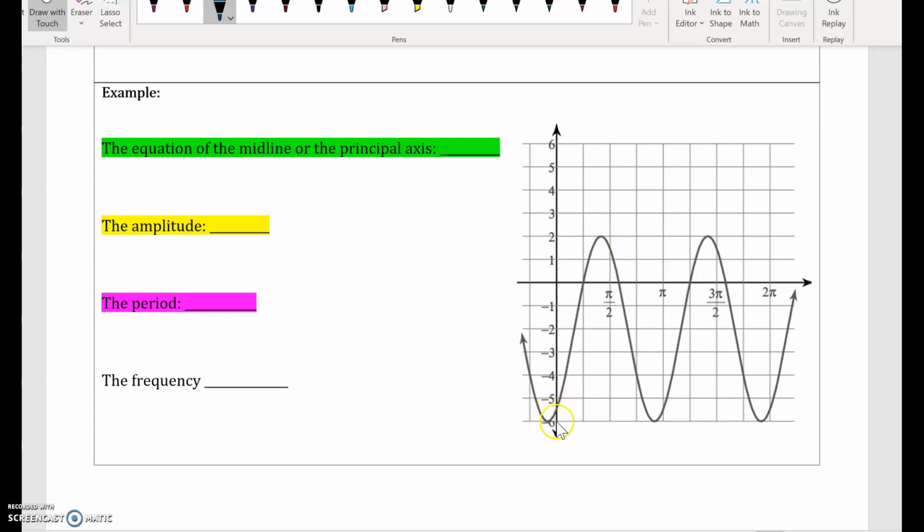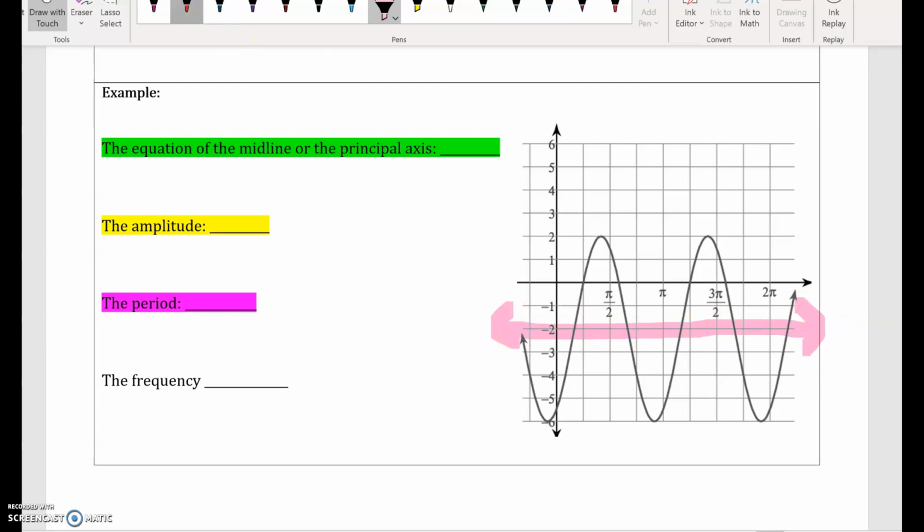I can see that the lowest point is at -6 and the maximum, the highest point, is at 2, which means that the distance from the minimum to the maximum is 8 units. So probably the midline is going to be somewhere right over here. So that will be our midline.